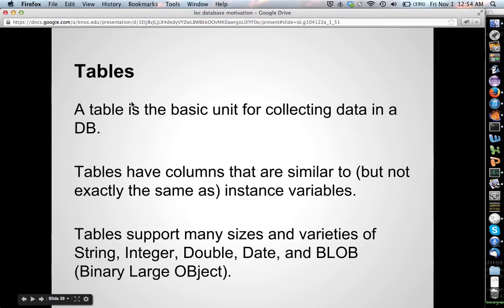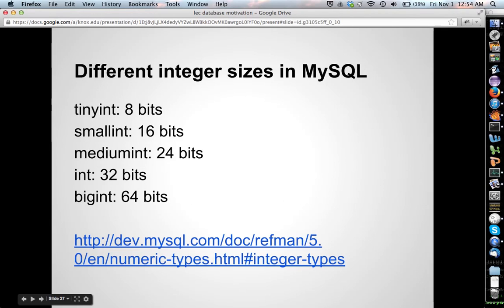A table is made up of multiple columns. These are similar to, but not exactly the same as, instance variables. Tables support a large variety of column types: string, integer, double, date, blob, which stands for binary large object, basically some sort of binary data. Integers have a large variety of sizes in MySQL, from a tiny int, which is 8 bits, all the way up to a big int, which is 64 bits.